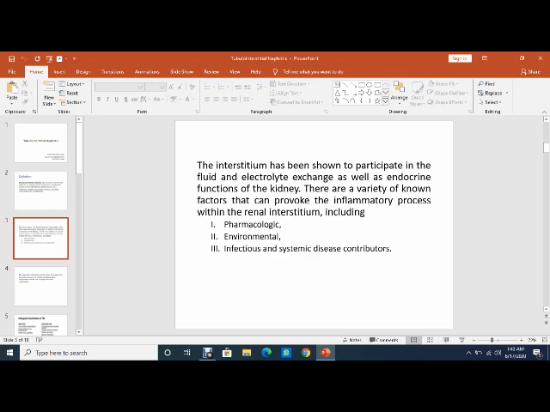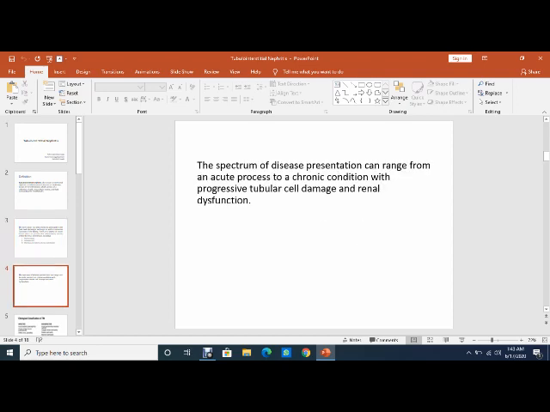There are various contributing factors that lead to this TIN: the pharmacological agents, environmental, and there are acute infectious disease or chronic inflammatory disease, systemic disease. These are all contributing factors that affect the interstitium, so they cause the interstitial nephritis.